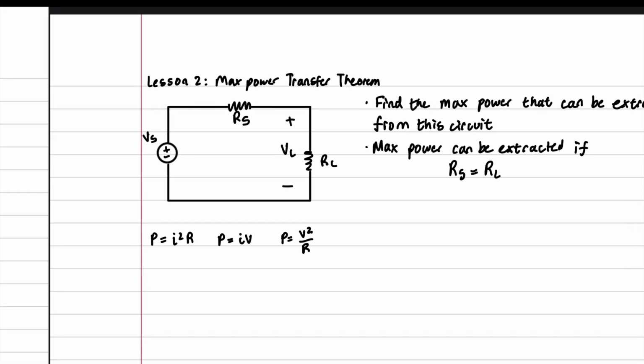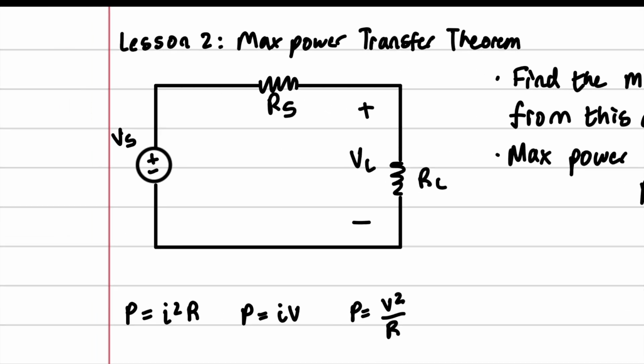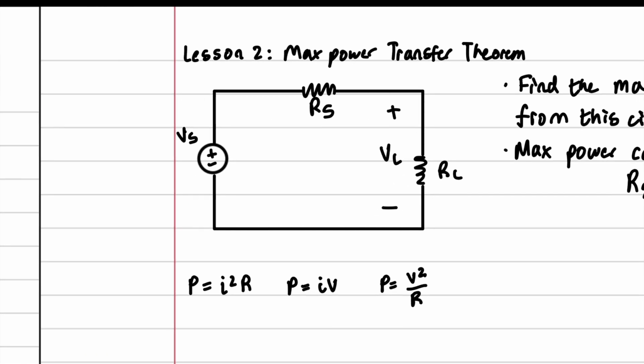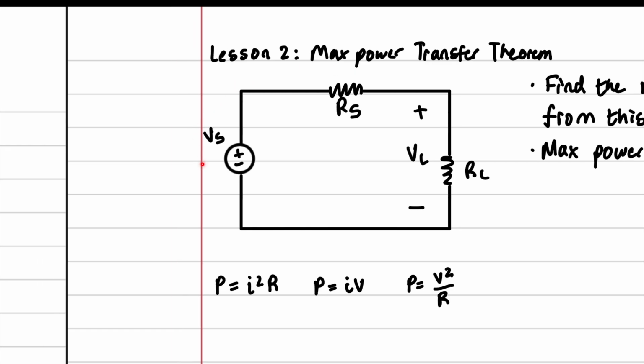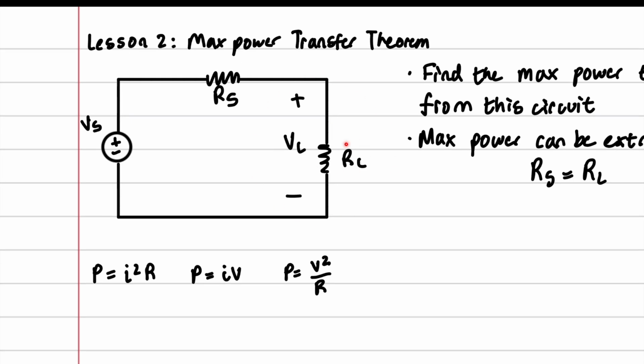Now, the question that the max power transfer theorem is trying to ask is, what is the max power that we can obtain from a system like this, right? So say that we have one system right here, and then we have this other system right here, and this network system has a resistive load, RL, and the voltage difference between the two is VL, okay?